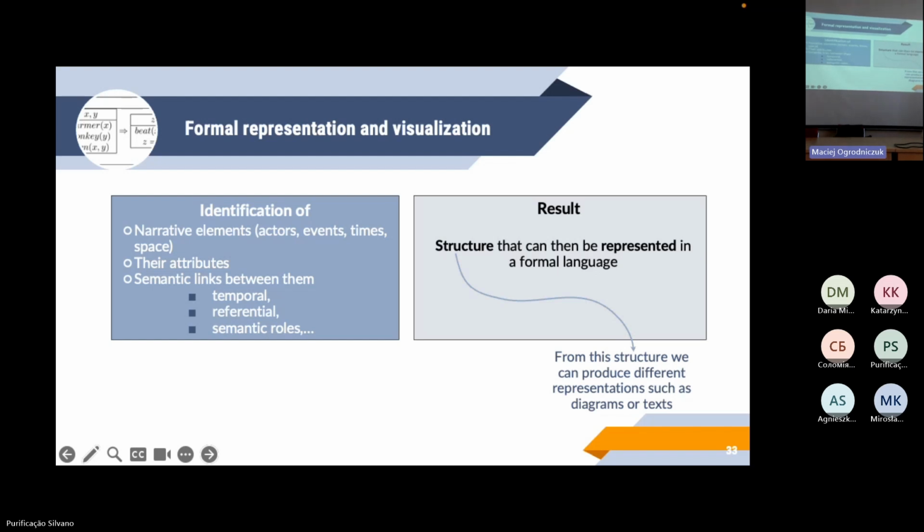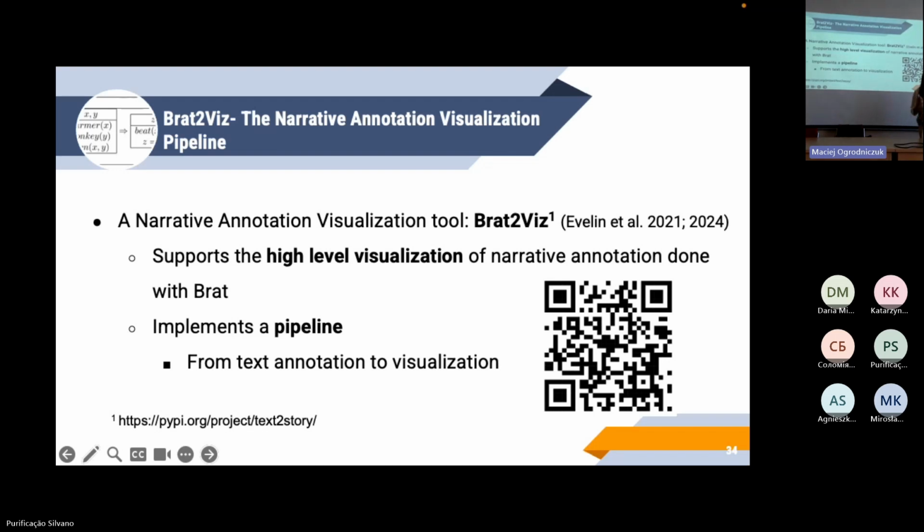What we get as a result is structured information that can be represented in a formal language, and also used to produce visualizations, okay? And in order to do that, our colleagues from computer science developed what is called BRAID to Vis, from the annotation to the visualization.